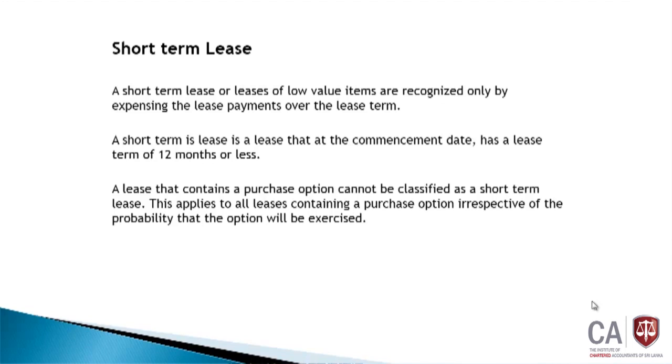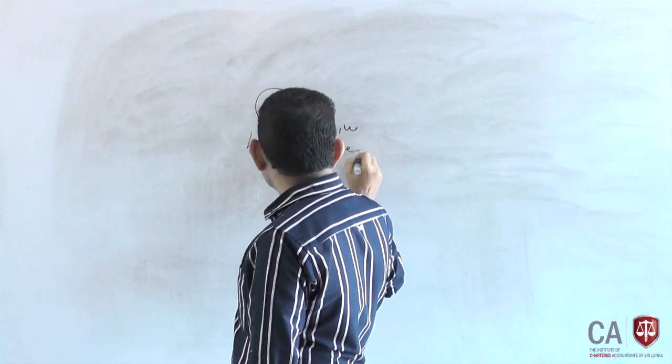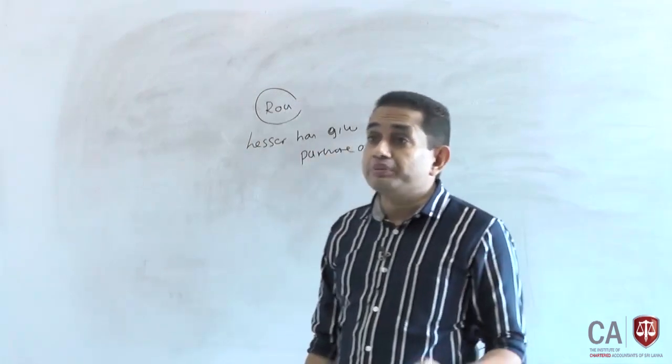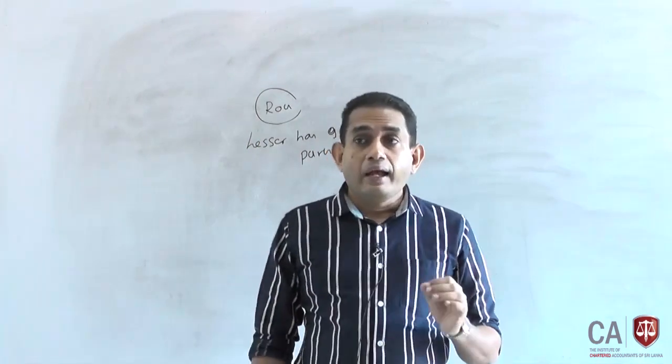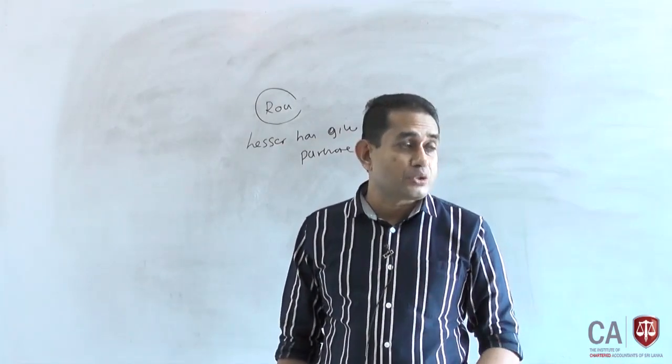If the lessor has given a purchase option to the lessee to purchase the asset at the end of the lease term, that will never be taken as a short term lease.